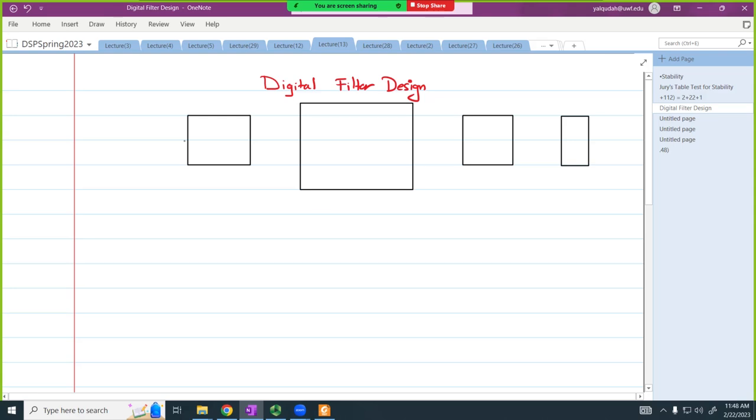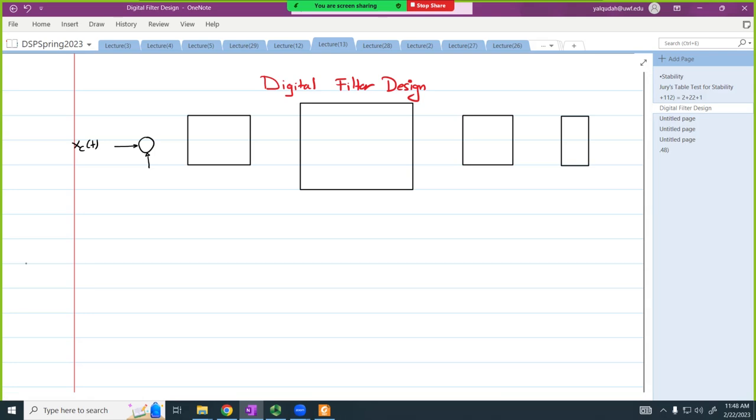Just to emphasize, this is the new topic that we're covering. We have a continuous time signal, xc of t, and we want to process it using a computer.